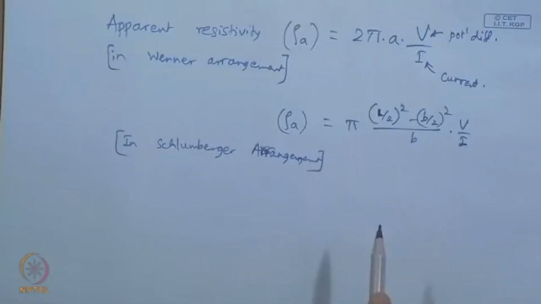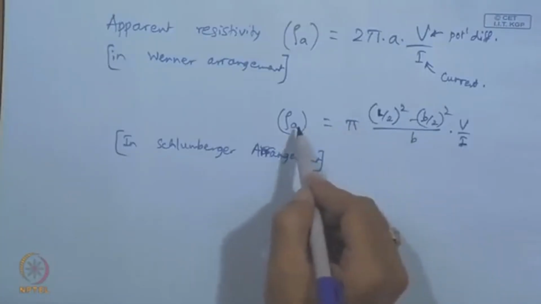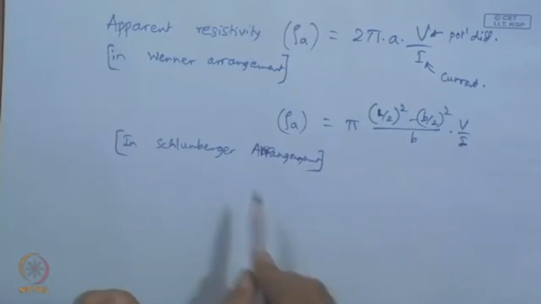So, this is the expression for the apparent resistivity in the case of the Schlumberger arrangement.